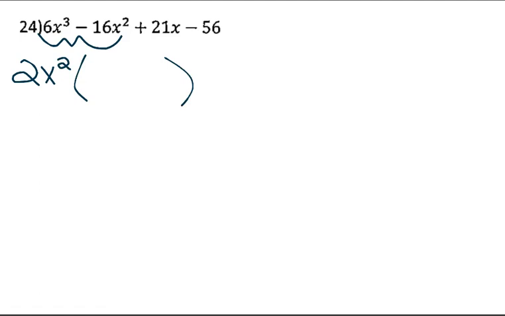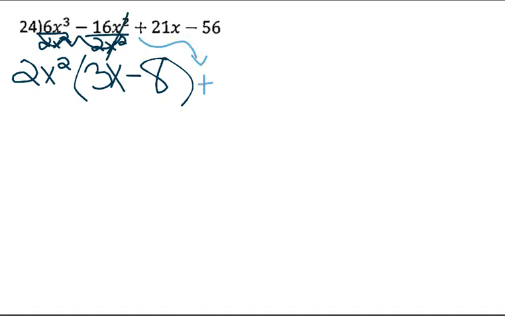So now let's divide. 6x cubed divided by 2x squared is going to leave me with a 3x. Bring down my minus sign. 16x squared divided by 2x squared, and that's going to leave me with an 8. My x squareds cancel. All right, bring down my plus sign. And now I'm going to look and see what I can take out of these two terms.